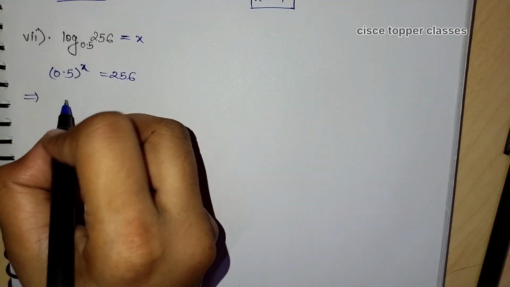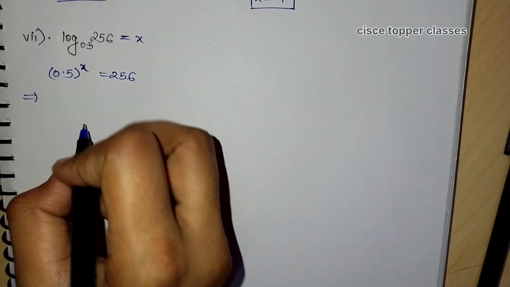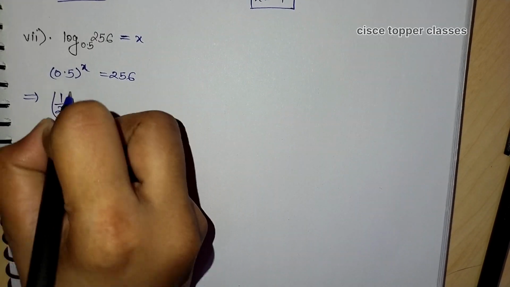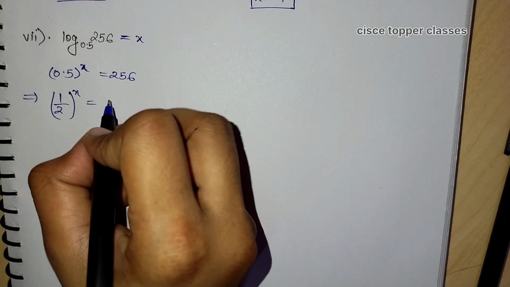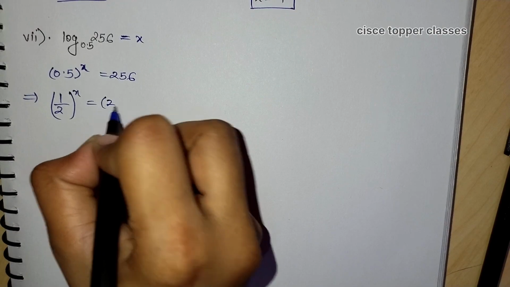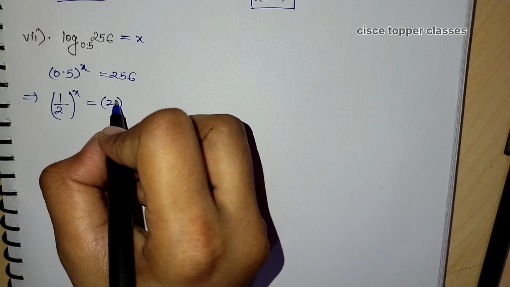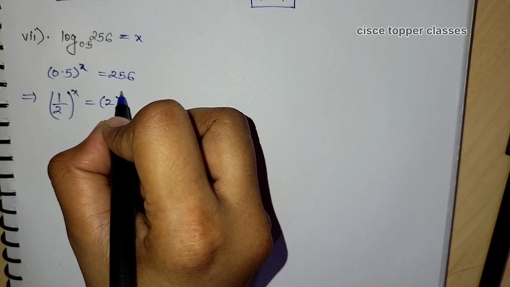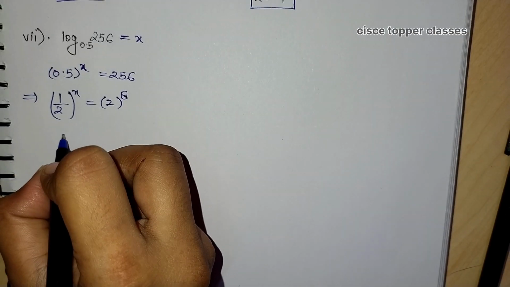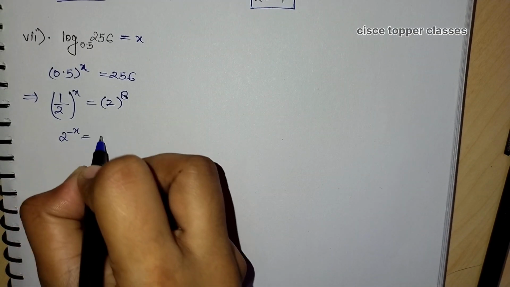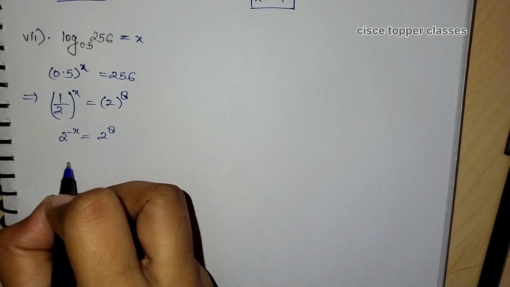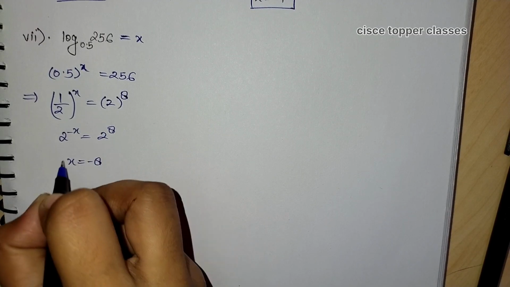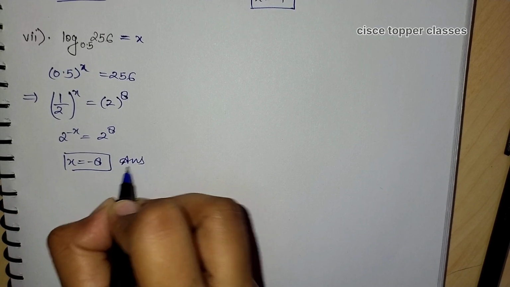So simply we can write this as 1 by 2 whole to the power x equal to 2 to the power, here as firstly 4 into 2. So it will be 8 here. On comparing the value, we will get 2 to the power minus x equal to 2 to the power 8. So on comparing the exponent powers, we will get x as minus 8. So this is the answer here.